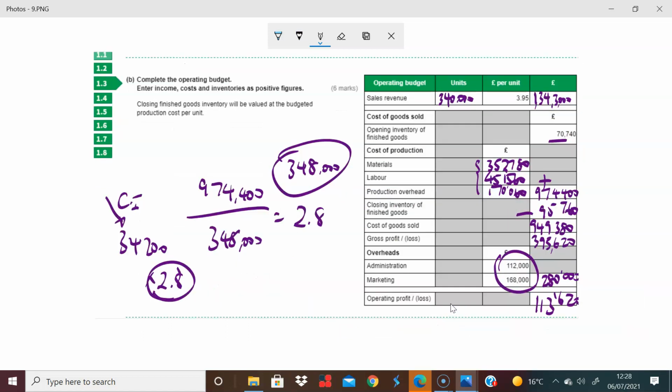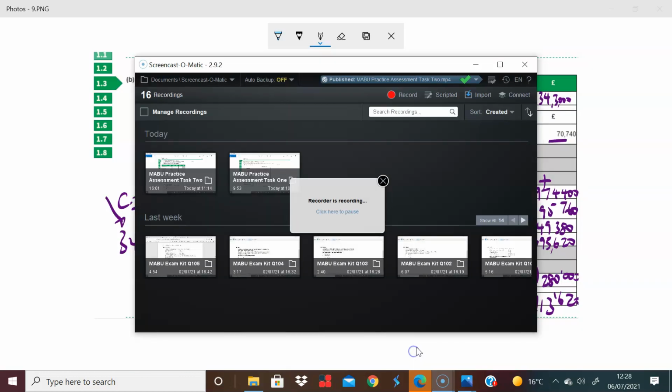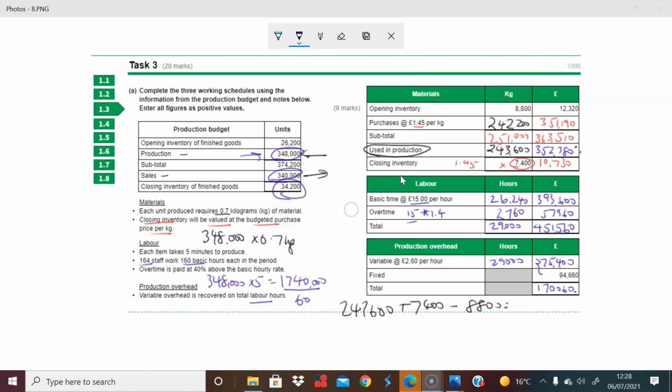There's a figure I am looking for. Let me pause this to find my figure. Yes, there's my figure here, my purchases, 351,190. That's what I purchased on credit.